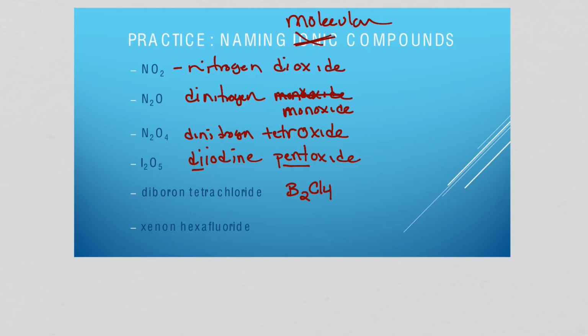Xenon hexafluoride. We've got xenon, no prefix here, so we have to assume that means there's 1 of them, that it would be a mono. And hexa, 6, and fluoride, so 6 fluorine, so F6, so XeF6, xenon hexafluoride. Yes, we need to be able to go back and forth.